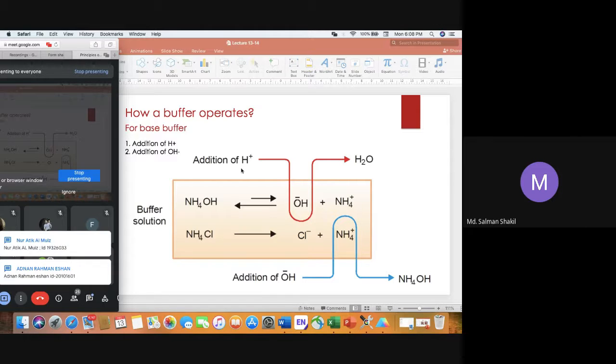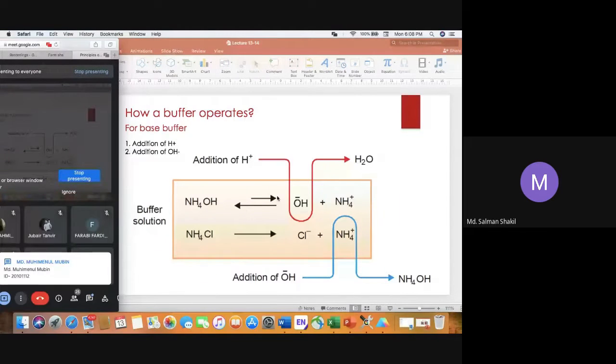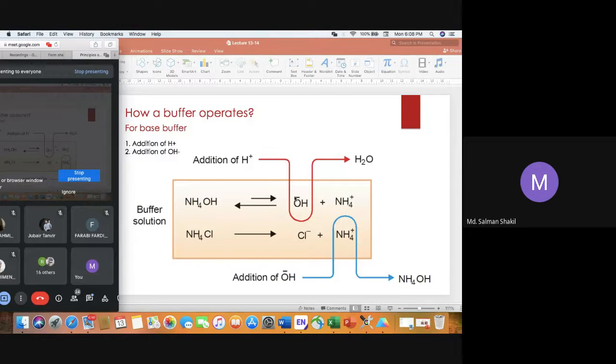But if you are adding acid continuously, as this is a weaker base, it will not dissociate that much. After a certain period of time, there will be no hydroxyl ion. As there is no hydroxyl ion, the proton will be present in the solution, so the pH will significantly decrease, step by step.